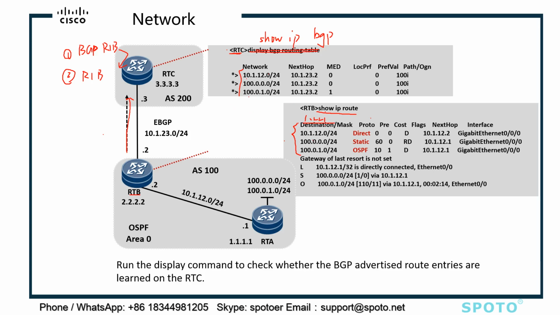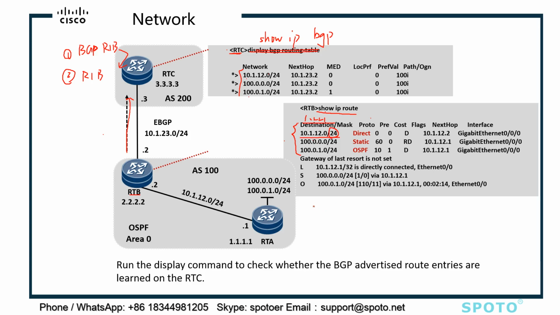And the next one, if you try to advertise the route, you must ensure your command is the same as the IP routing table. You can see here, in RTB, this routing entry is 10.1.12.0 with mask length 24.